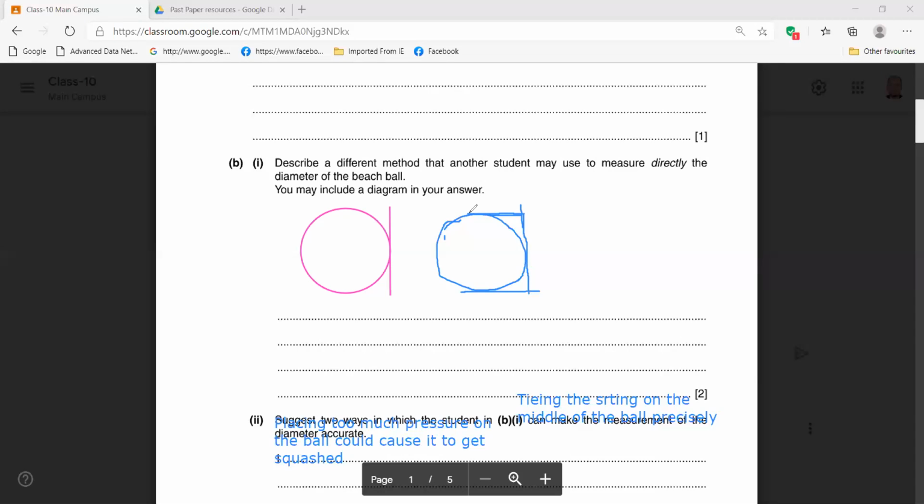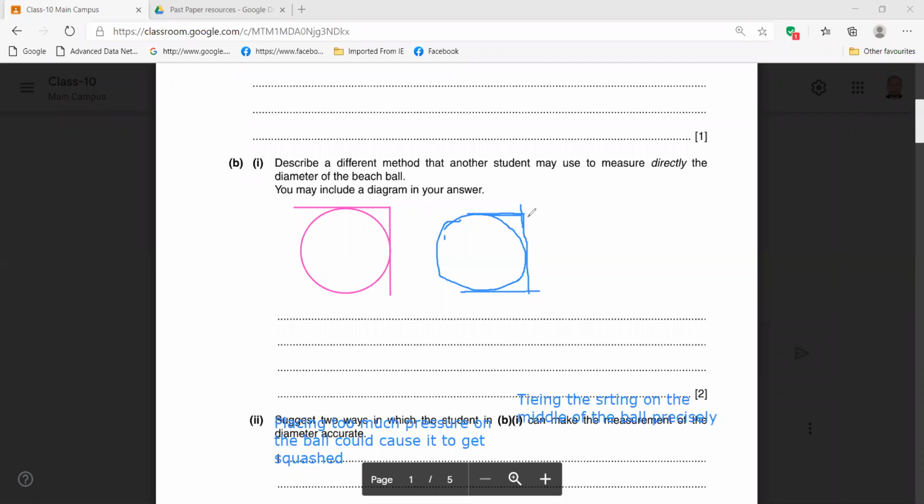If your top position is here, to measure the length from this place, there will be some parallax error. So if you use another instrument, ruler or set square, it will be more accurate. Is it clear now? Yes, sir.